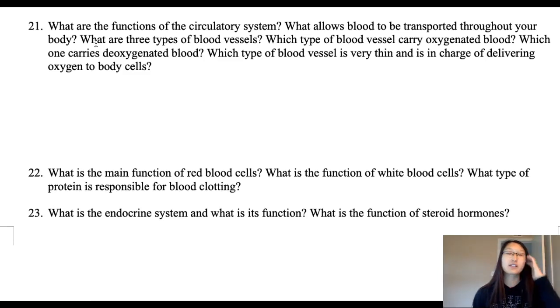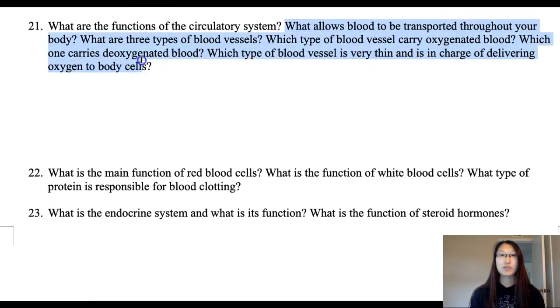And then with the circulatory system, you also want to think of it in relation to the respiratory system, where it carries oxygen to all the different parts of your body, and it carries the carbon dioxide back to where your lung is to get rid of it. That's the circulatory system. What allows blood to be transported throughout your body? The circulatory system, I suppose.